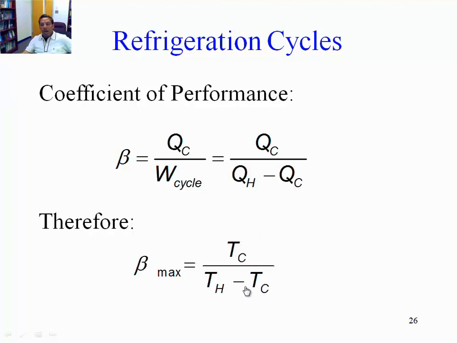So 21 is the maximum coefficient of performance that a refrigeration cycle installed in this room between these two temperatures can attain. Okay. Remember that coefficients of performance can actually be larger than 1, unlike efficiencies, which always have to be below 1.